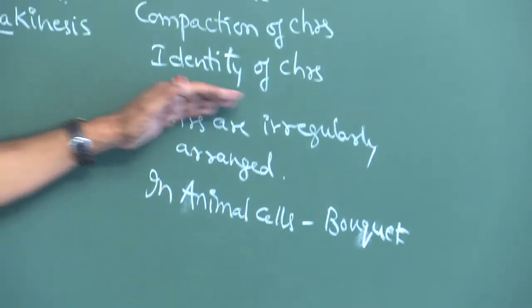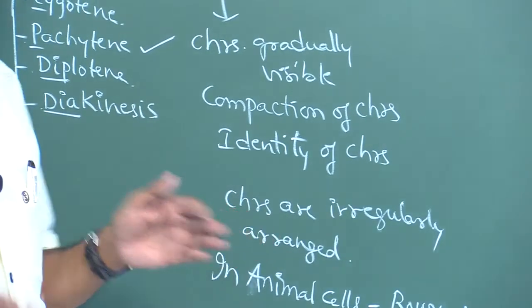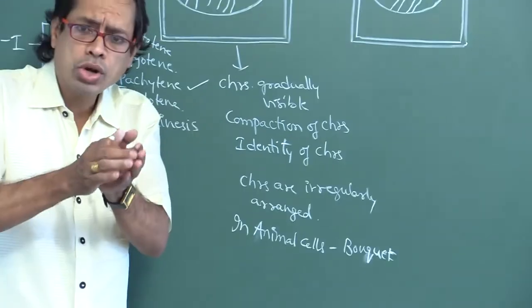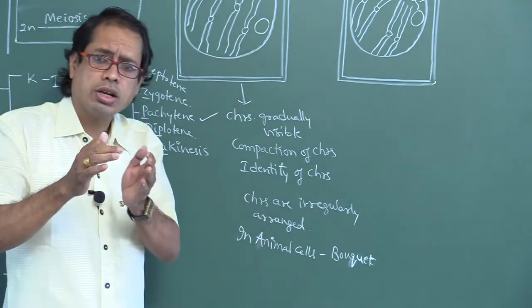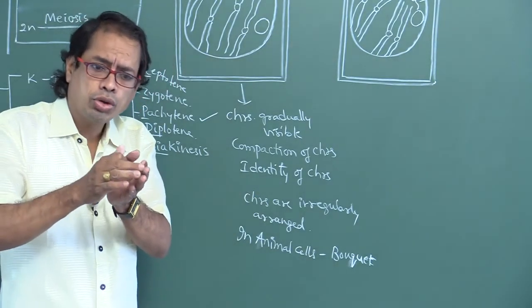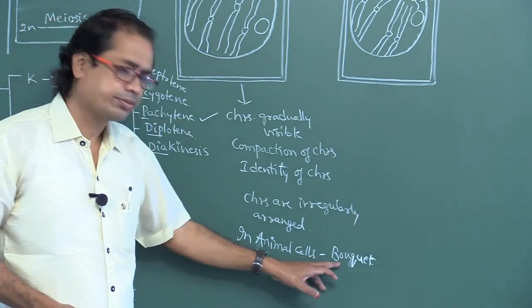Normally chromosomes are irregularly arranged, and these chromosomes are moved towards the poles. These chromosomes try to move toward the poles and arrange in the form of a bouquet.